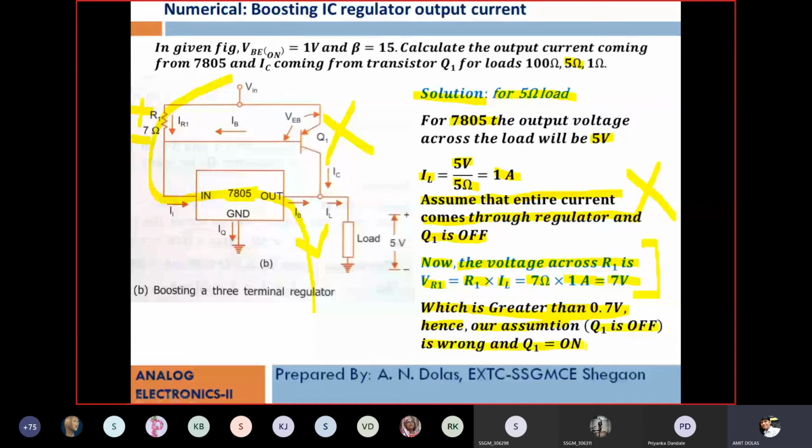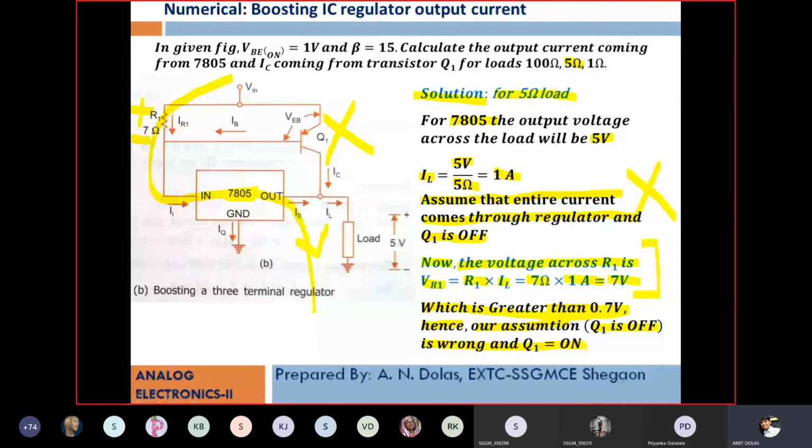So how do we calculate the load current for this type of question, in terms of the IC current I0 and the transistor current IC? For that purpose a formula is derived. In such a situation where your assumption is false, please use the formula that we have derived from this circuit.